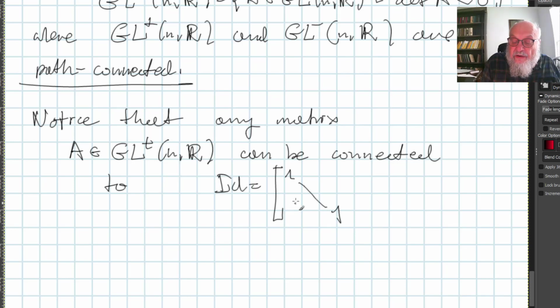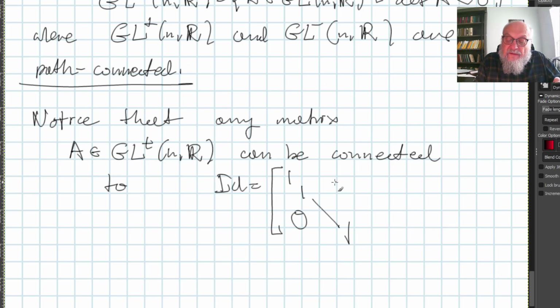This is just the matrix with 1, 1, 1 on the diagonal and 0 elsewhere.